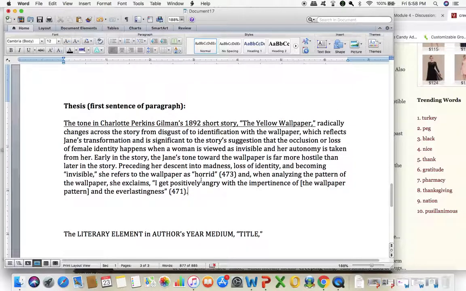So that would be an example of when I would want to integrate quotations, right? So I have this long first sentence, which is my topic sentence. And then I have this kind of transitional sentence where I'm prepping my reader for this evidence that's coming. And then I have the actual evidence there.